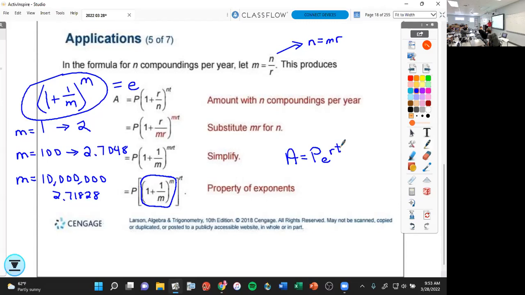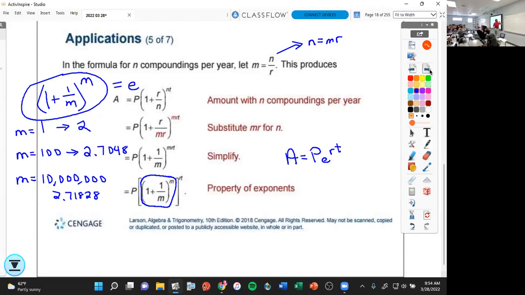This number is going to get closer and closer to 1, because 1 over M gets closer and closer to 0. But it's always going to be positive. So I'm definitely adding 1 plus something raised to a huge number. 10 million is a big number. So 1 plus a very small number raised to a very, very large number is only 2.71828.